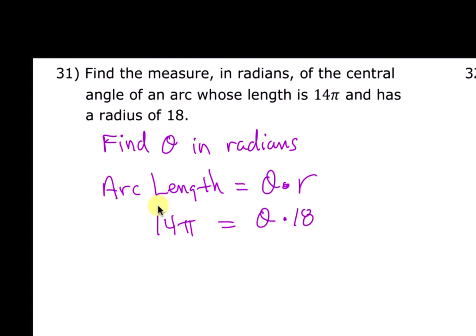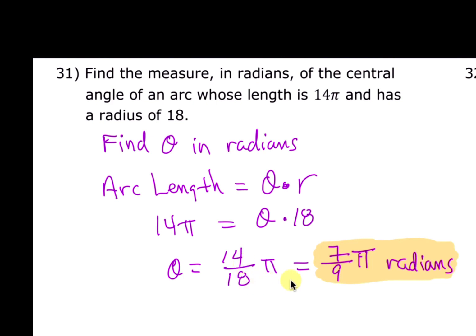The arc length can be substituted with 14 pi and the radius is 18. Dividing by 18 on both sides, we get that the arc measure is 14 over 18 times pi, and 14 over 18 reduces to 7/9. So the answer is 7/9 pi radians.